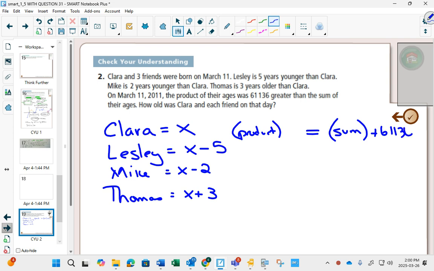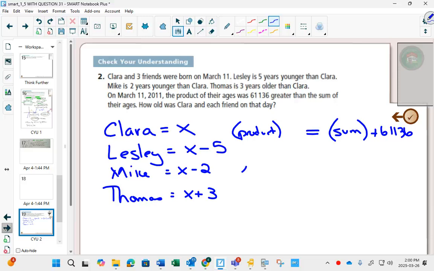So again, right now I'm just using words to get a big picture. Because sometimes if you jump into the algebra too soon, you start confusing yourself, like too many x's, and then you get lost. Okay, so now I've got it like this. What is a product? Product means multiply.